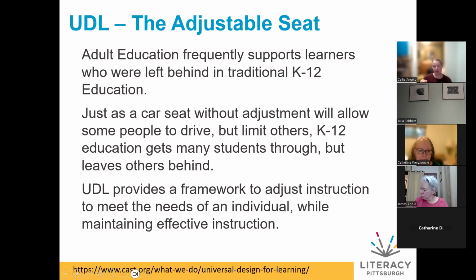If we're driving a car that cannot adjust the seat to lean, that's eliminating people on the basis of comfort, on the basis of arm wingspan. Some people will fit to drive the car. However, there will be many more people left behind. So we can think of UDL as the framework with which we can make an adjustable system for education.